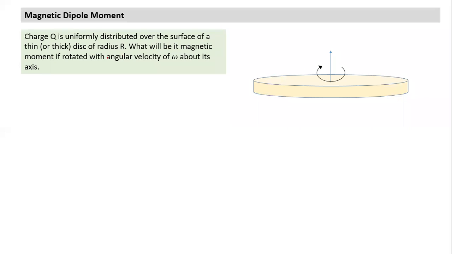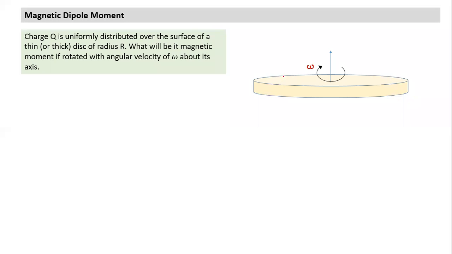What will be the magnetic moment if it is rotated with angular velocity omega about its axis? The disk is not neutral. The disk has net charge, total charge is Q, distributed over its surface or volume. If it is rotated, it is equivalent to giving orbital motion to all the charges present in the disk.